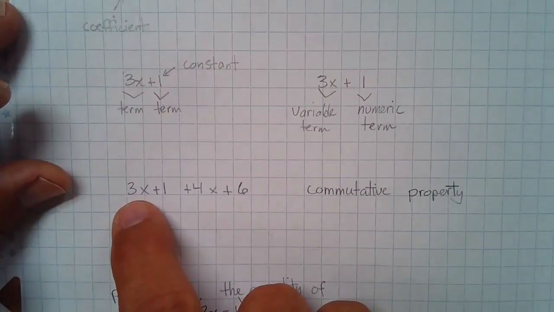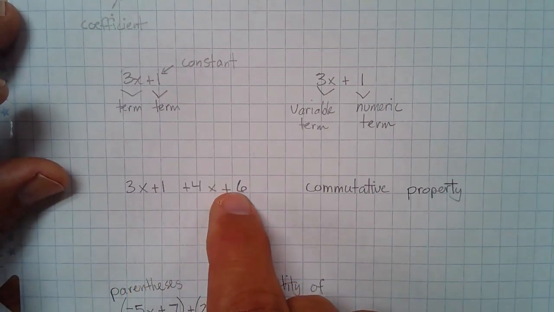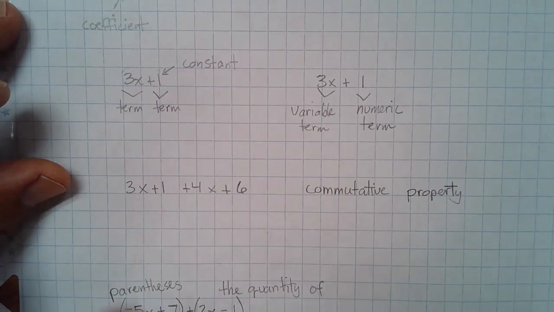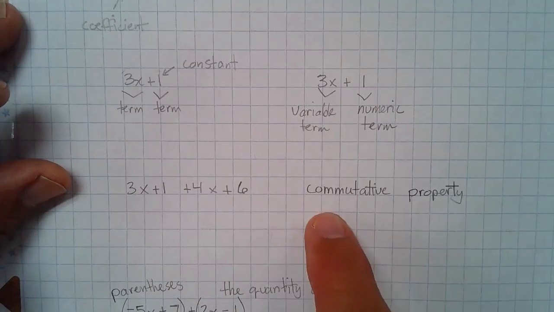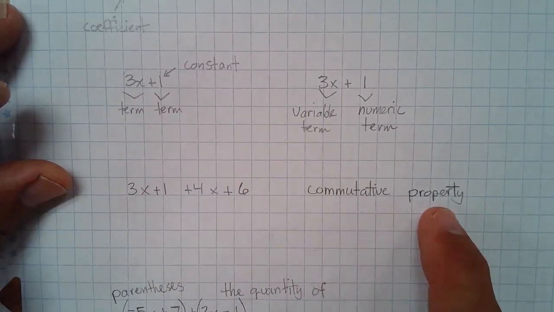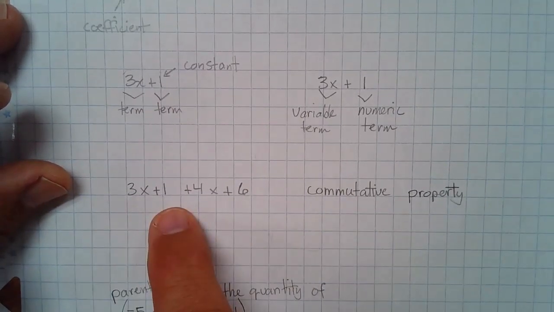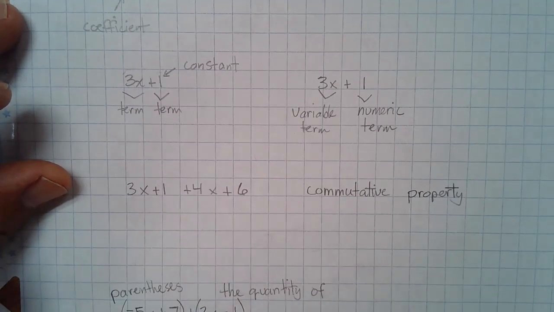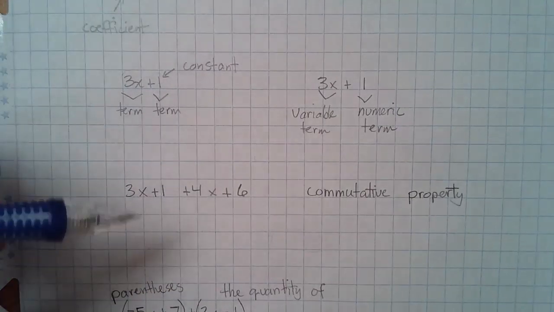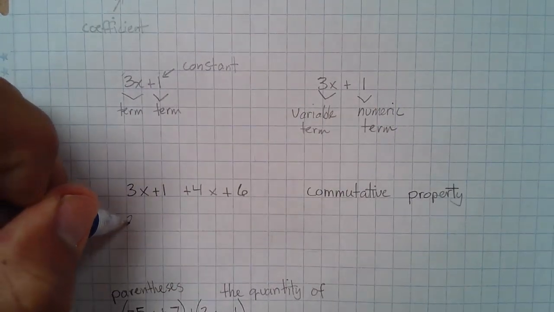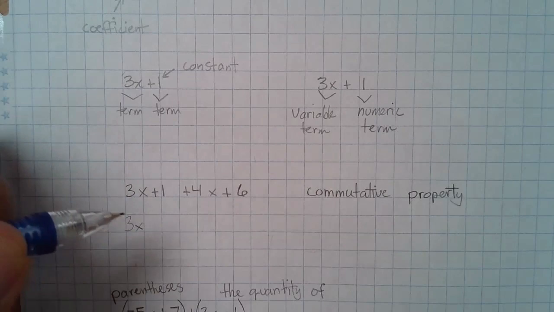Okay, so I have this expression here. The expression has 3 times x plus 1 plus 4 times x plus 6. I'm going to use the commutative property to simplify this. What it means to simplify is that I need to put things together that can be combined. I can take the 3x and combine it with the 4x.